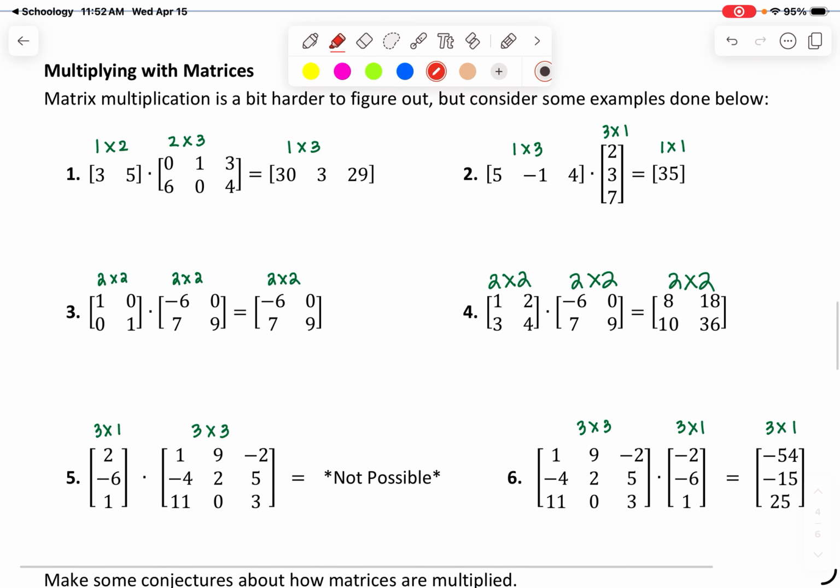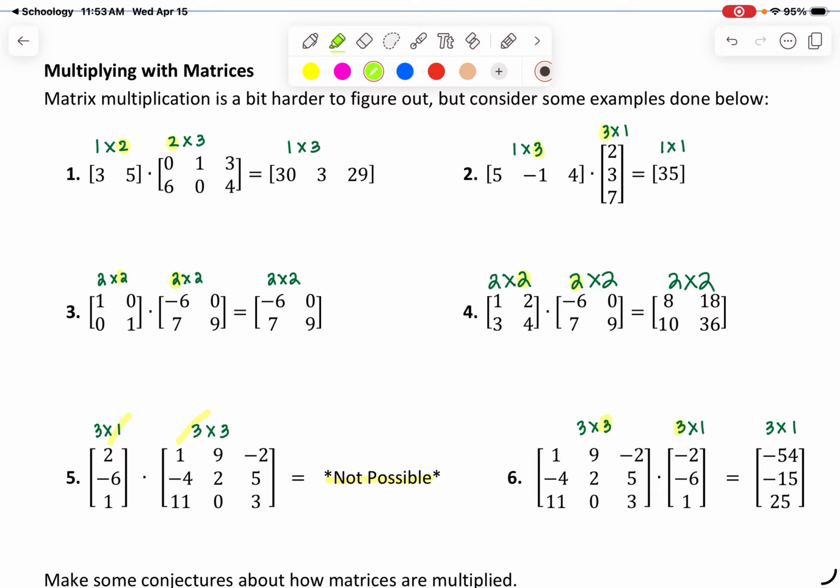All right, so first off, in order to multiply them, you should have noticed that the inner dimensions have to match, right? 2, 2, 3, 3, 2, 2, 2, 2. These do not match, so it was not possible. 3, 3, okay? So those 5 you're able to multiply, except for the number 5, I'm not able to.